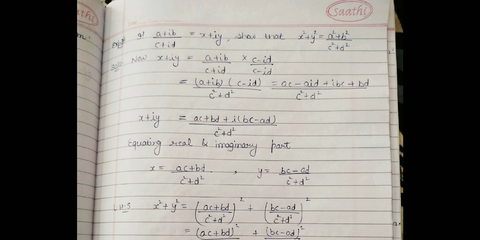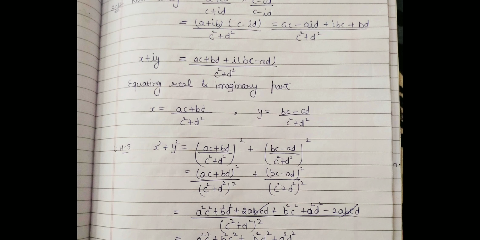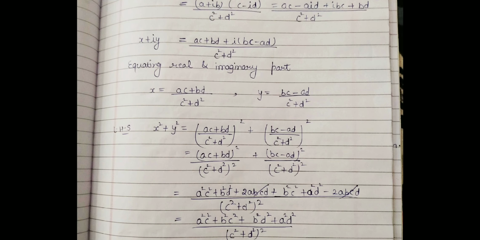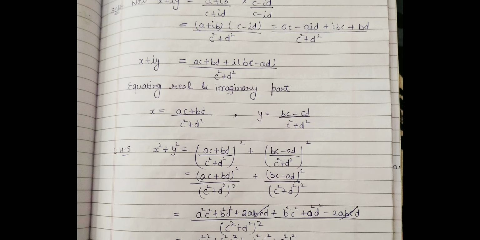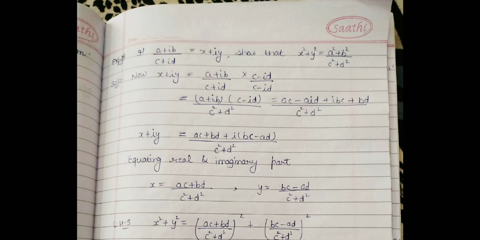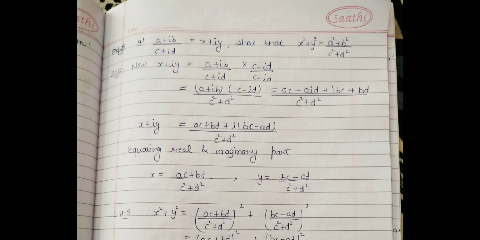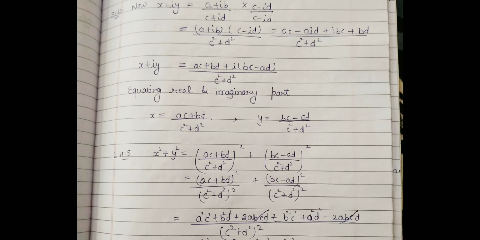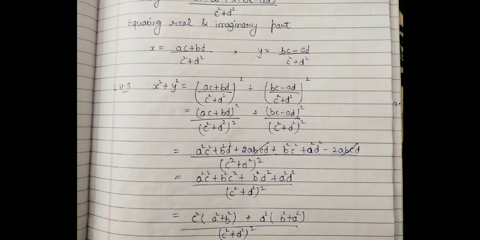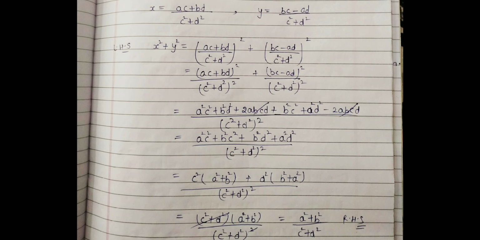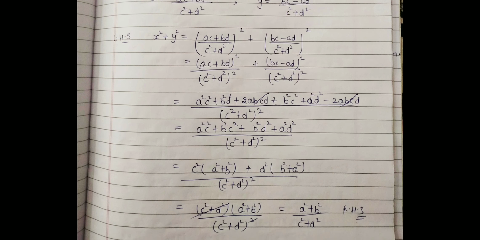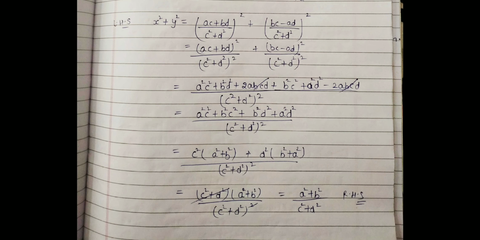We write the real part and the imaginary part separately, then we equate the real and imaginary parts. We get the x and y values. Now for proving the result, we have x square plus y square. For this we will square x and square y, and we add them. So we put the values of x and y.